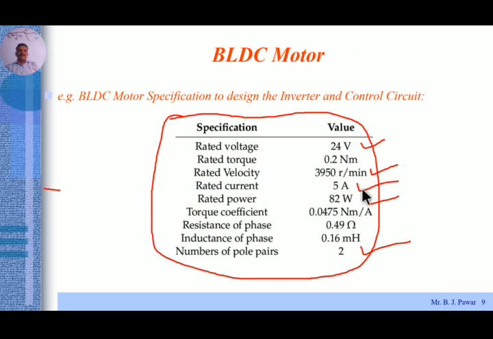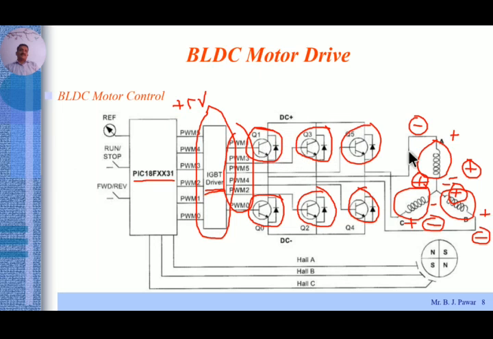This 5 ampere is the current consumption, means our switch should be capable. Each transistor used in that driver circuitry as a switch has to pass a minimum of 5 ampere current, that is the rating of that motor. Accordingly you have to select these power devices.